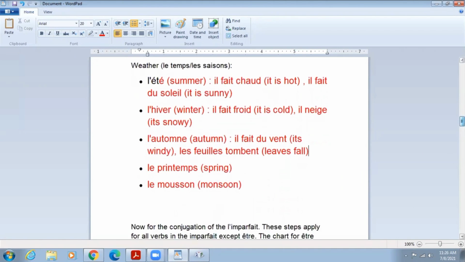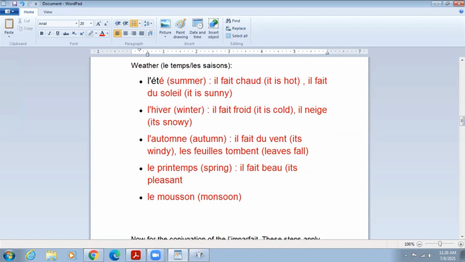Le printemps, il fait beau. La mousson, il pleut.